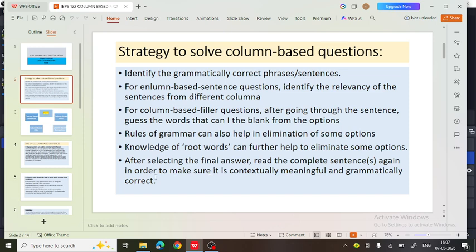Suppose option A from the first column matches with option F in the second column, then you have to read the same sentence continuously. Only then are you able to find out whether the sentence is meaningful and grammatically correct or not.